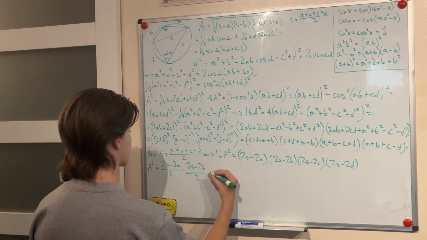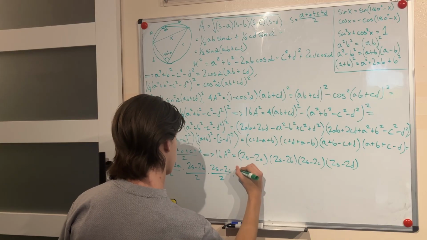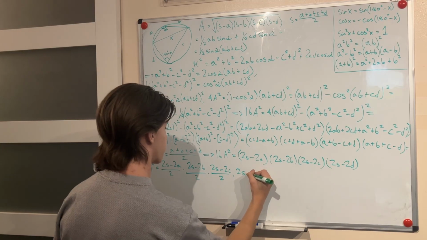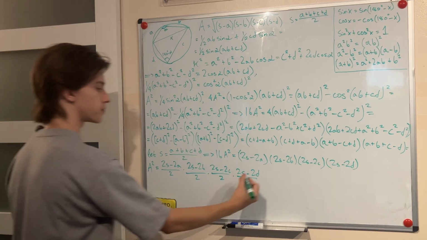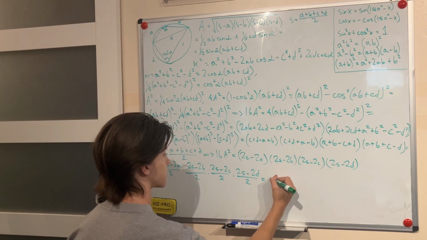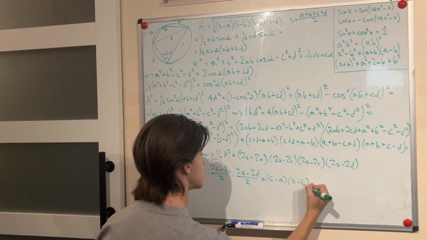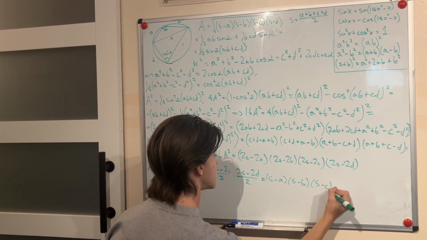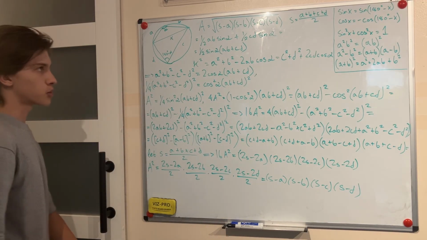We have basically divided it by 16. And so we have finally discovered the formula. Dividing each of them by 2, we get s minus a times s minus b times s minus c times s minus d. That is equal to a squared.